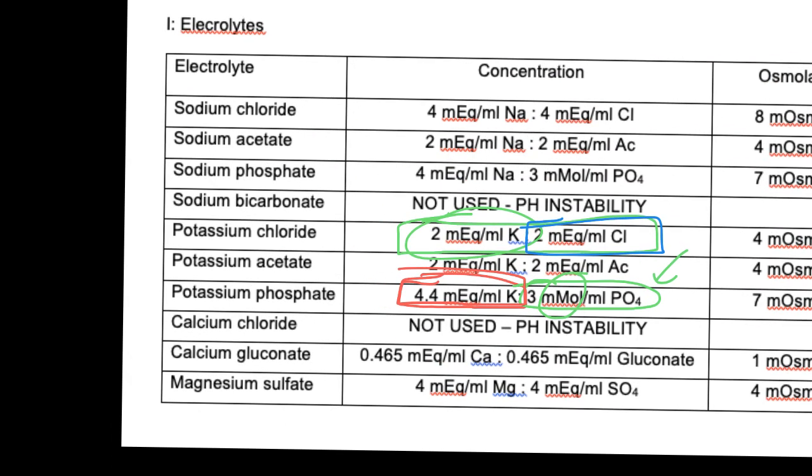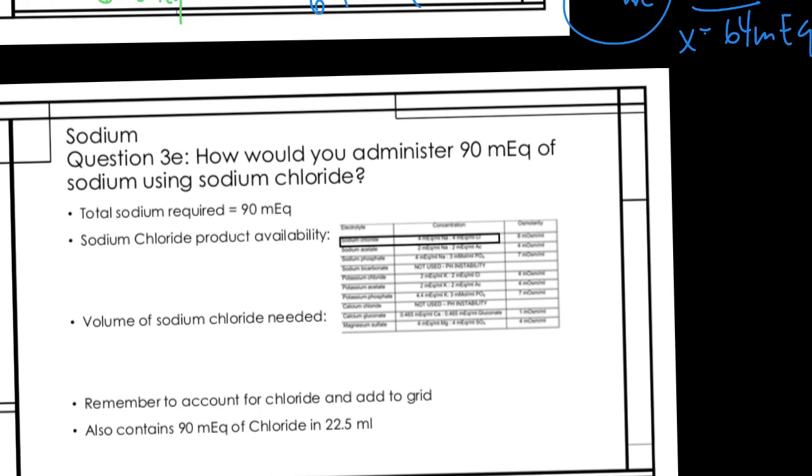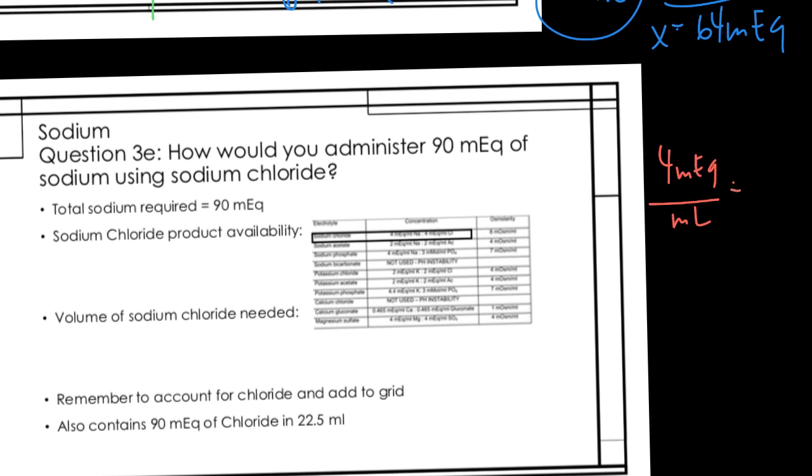Sodium chloride is provided here in a concentration of 4 milliequivalents per milliliter of sodium. We need 90, so how many milliliters is that?